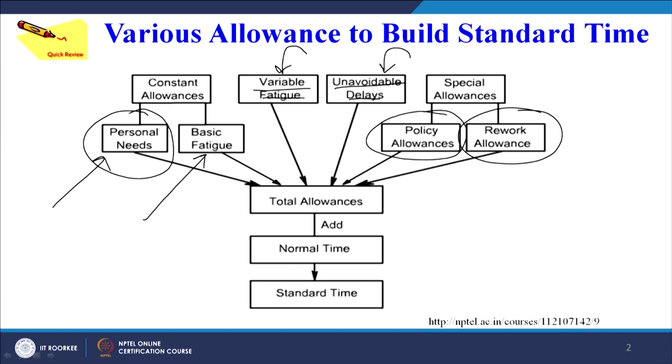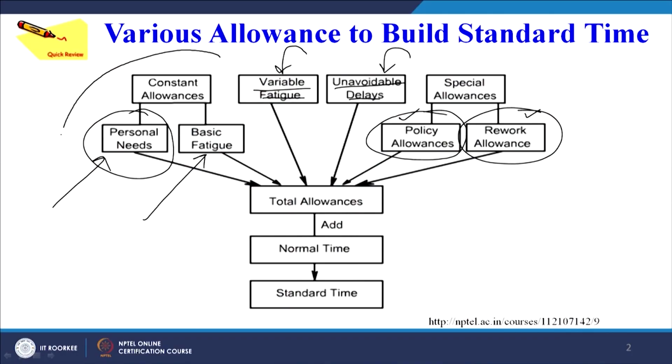Policy allowance is usually given where the trade union has entered into an agreement or a memorandum of understanding with the management, and in order to ensure minimum wages, this policy allowance is added while calculating the wages. Then there is rework allowance.